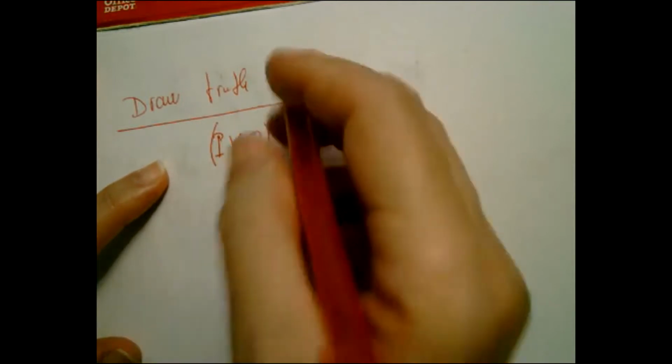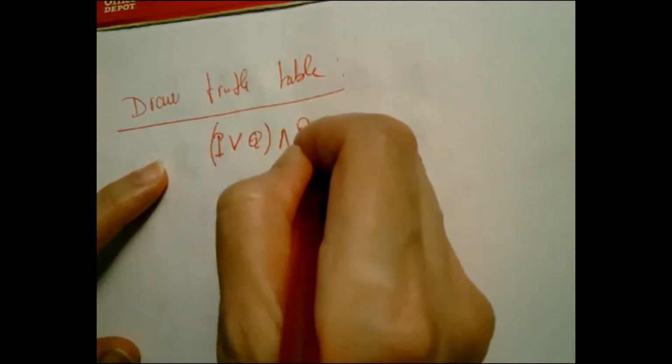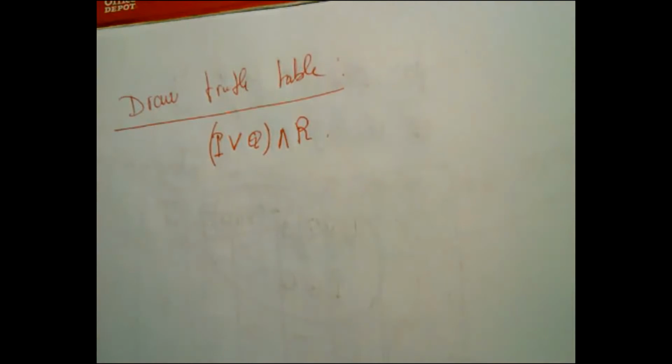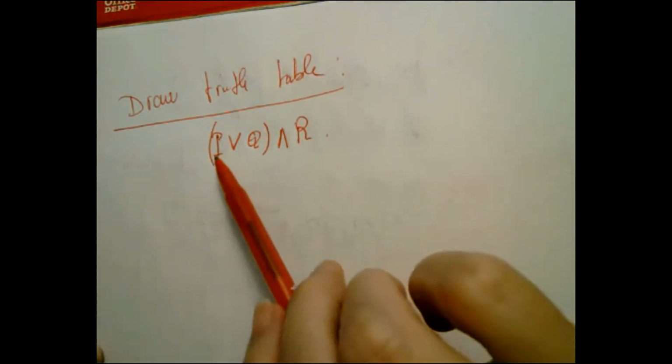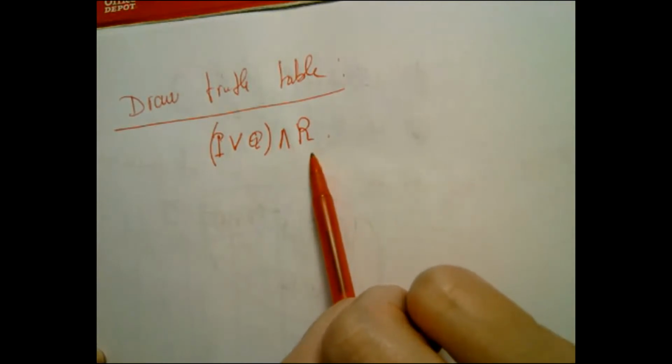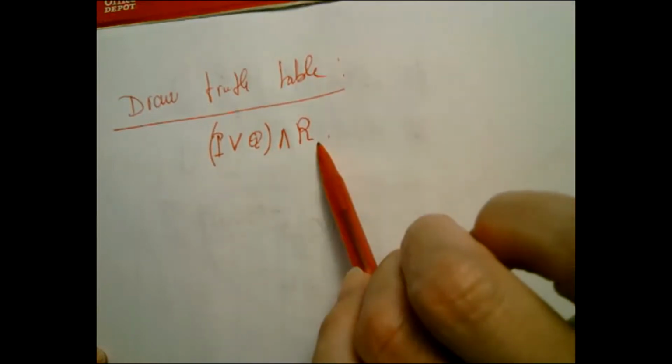We can't really move parentheses. Okay, P or Q and R. All right. How do we draw the truth table of that? It means we have to draw a table that tells me what's the truth value of an expression like this, for all possible values of P, Q, and R.